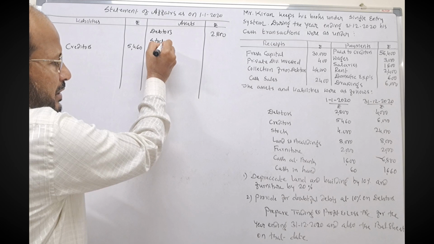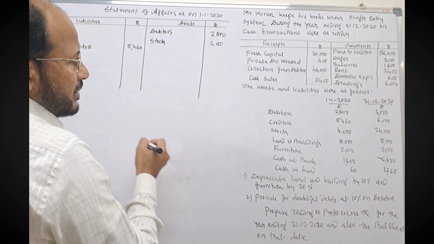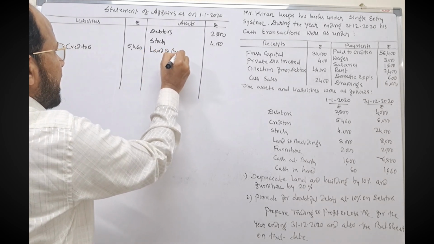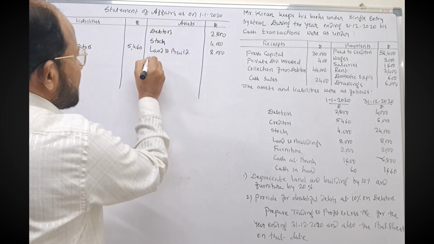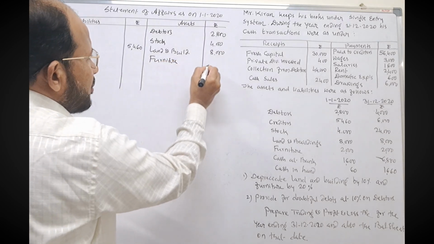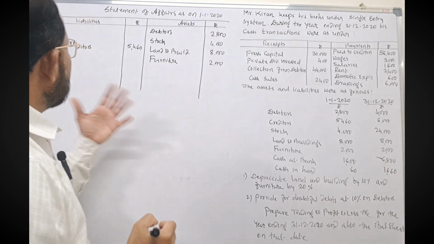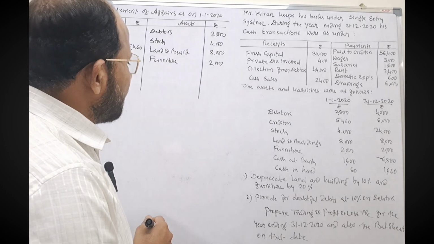After that, stock we have to show. Very simple thing. Stock opening value is 4,000. Land and buildings rupees 8,000. What else? Furniture is given, rupees 2,000. Just like fill in the blanks. If you know where to show the assets and liabilities and how to prepare this, then easily you can put the figures here.